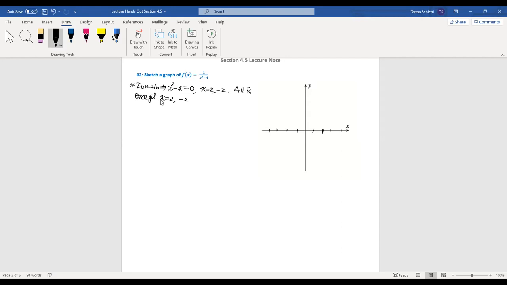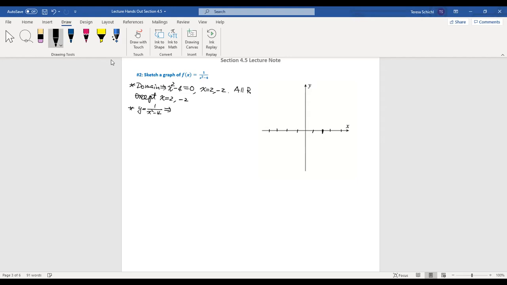Next, let's take a look: do we have any intercepts? The x-intercept is where y equals 0, correct? My y is equal to 1 over x squared minus 4. We know a fraction equals 0 only if the numerator equals 0, and the numerator is 1.